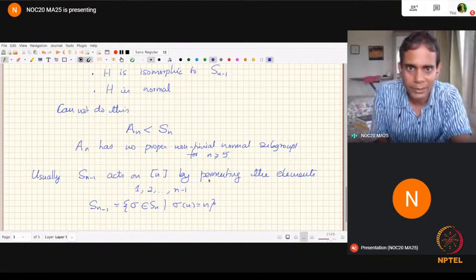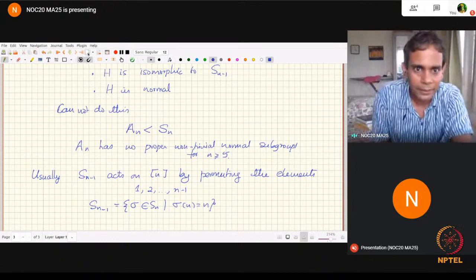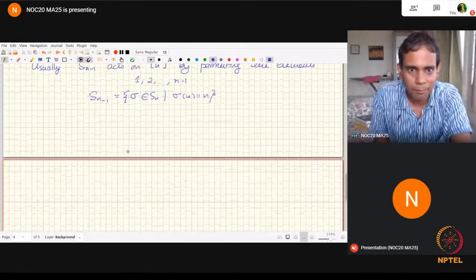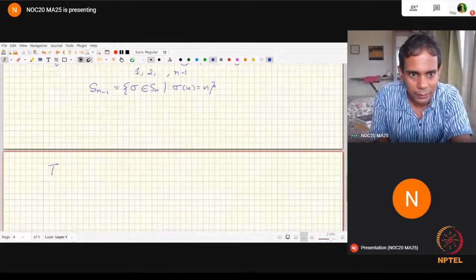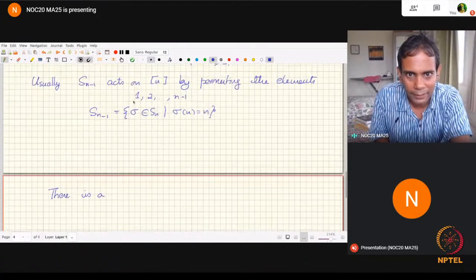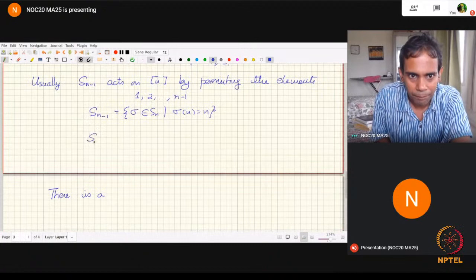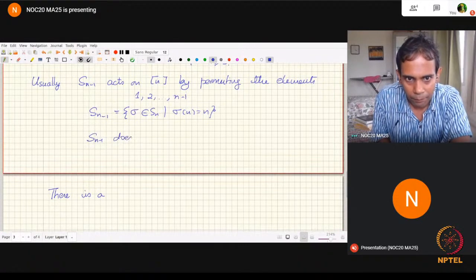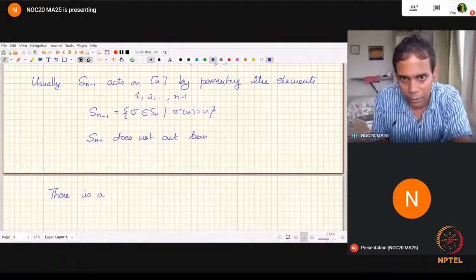But here's a very interesting example where there is an action. This action of S_{n-1} on n is not transitive, because you cannot take anything other than n to n.